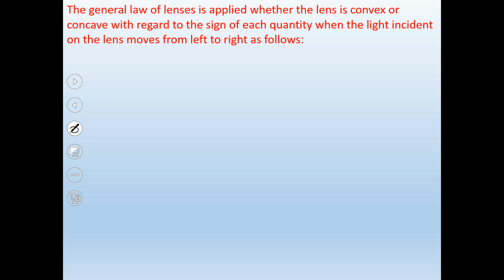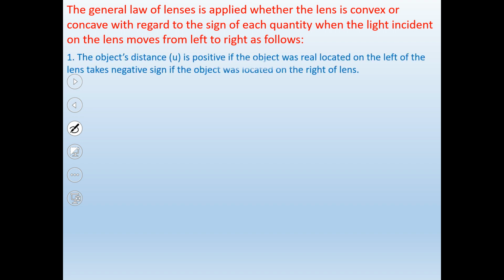The general law of lens applies whether the lens is convex or concave, with regard to the sign of each quantity, when the light moves from left to right, as follows. Firstly, the object distance U is positive if the object is located on the left of the lens, and negative if the object is located on the right of the lens.